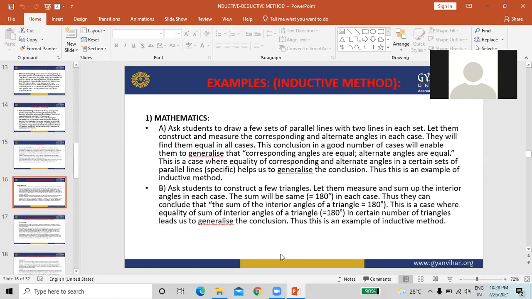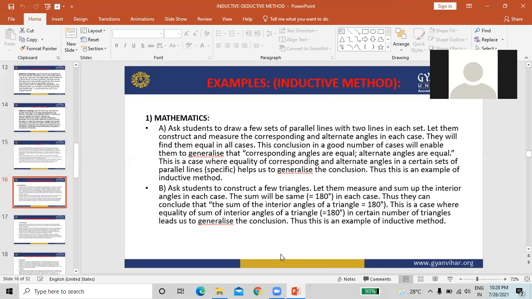Example of inductive method, mathematics. Ask a student to draw a few sets of parallel lines with two lines in each set. Let them construct and measure the corresponding and alternate angles in each case. They will find them equal in all cases.